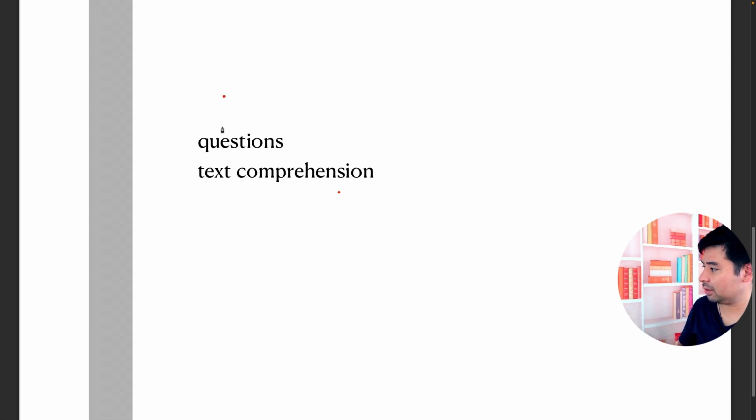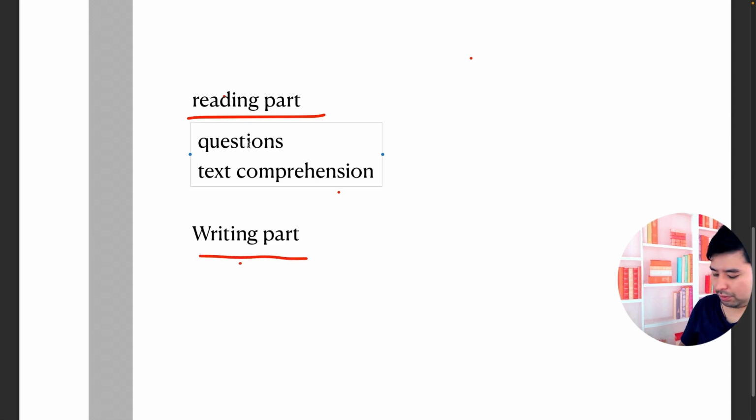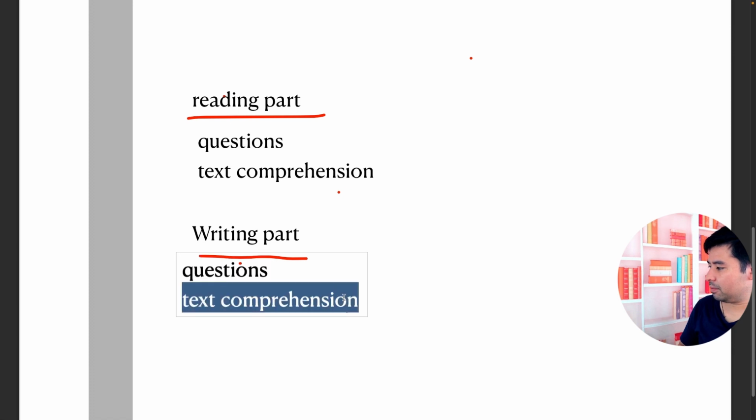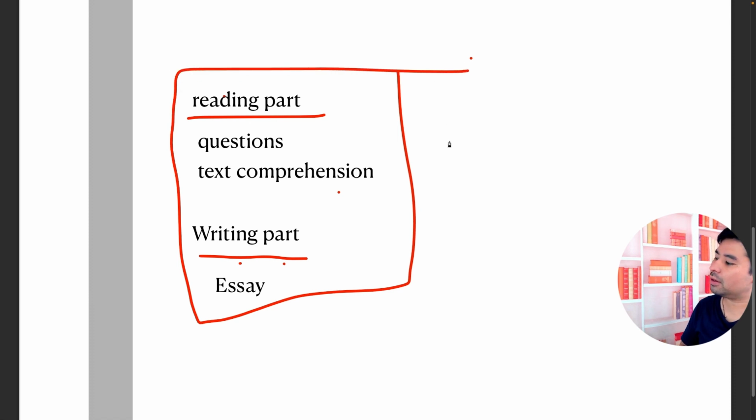We have this and these two, and we can define it as the reading part. And then, as we could see, we have a writing part as well, in which you have to do an essay. Do you remember what an essay is? If you don't, study that. So these are the first 2 parts.